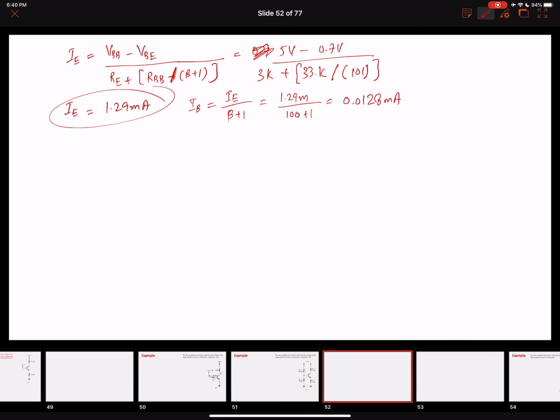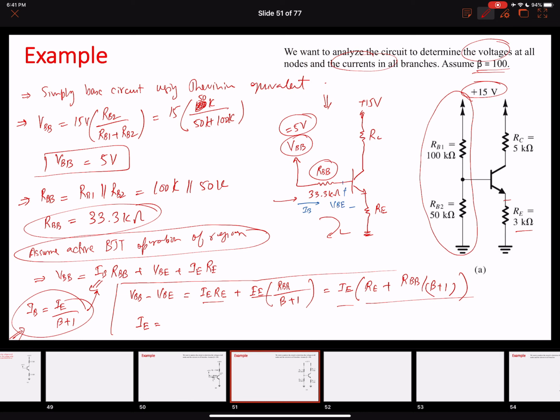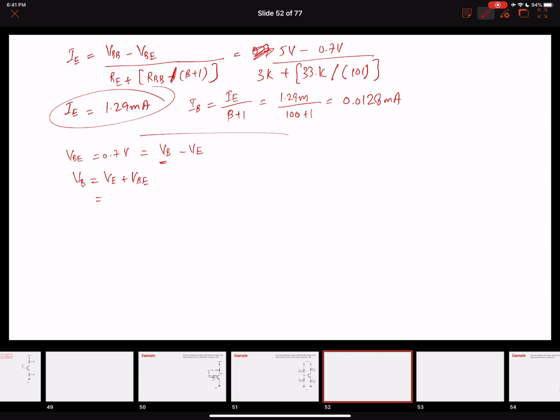We know that VBE equals 0.7 volts, which equals VB minus VE. Now what is the value of VB here? To find the base voltage, VB equals VE plus VBE. And looking over here, VE is over here, which equals IE times RE, right?